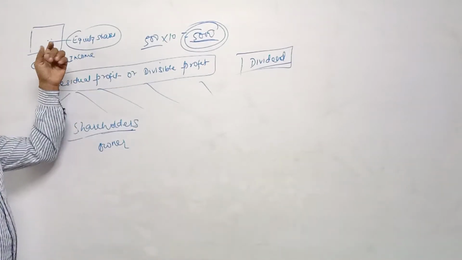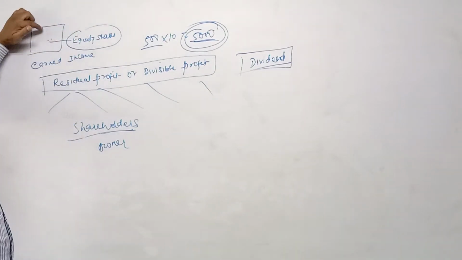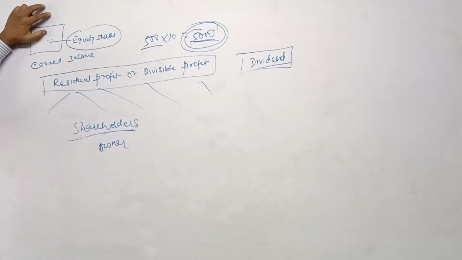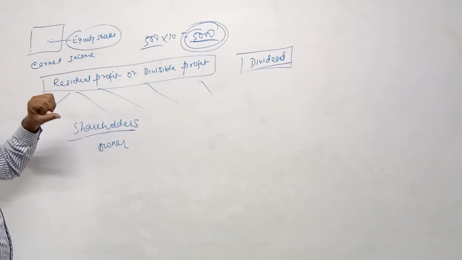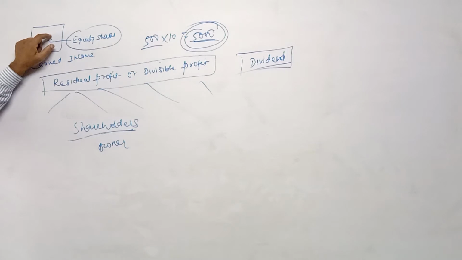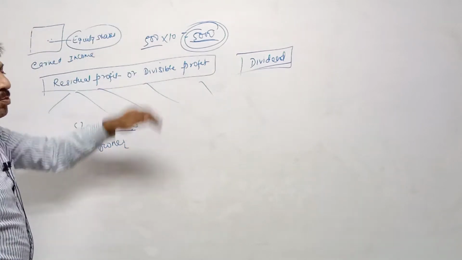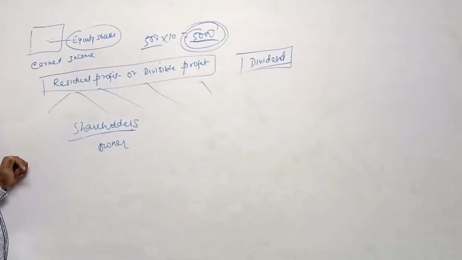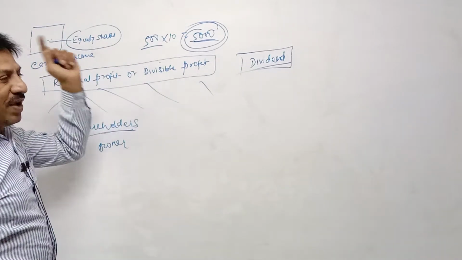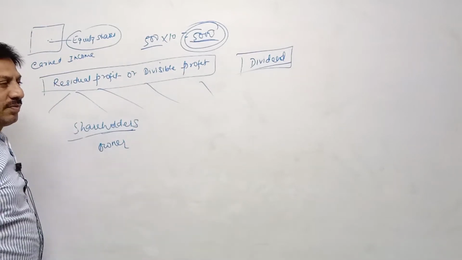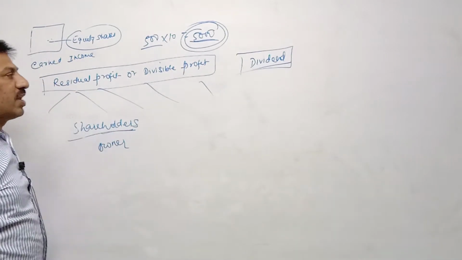Suppose the company closes down. The company has to sell its assets, and out of the money realized from the sale of assets, first of all the company has to return the borrowed funds to outsiders. Suppose the company has taken a loan from a bank, then it is compulsory to make payment to the bank, other financial institutions, debenture holders, or any other institution from whom they have taken a loan.